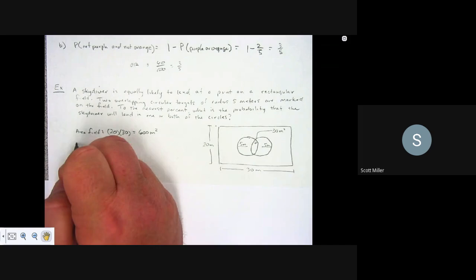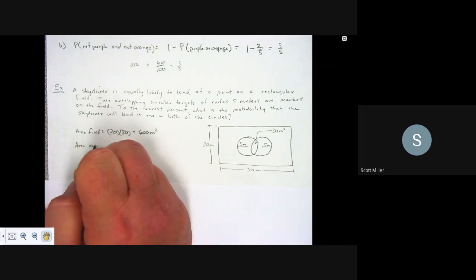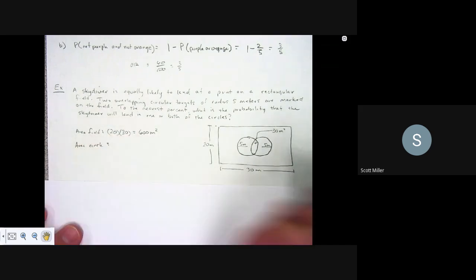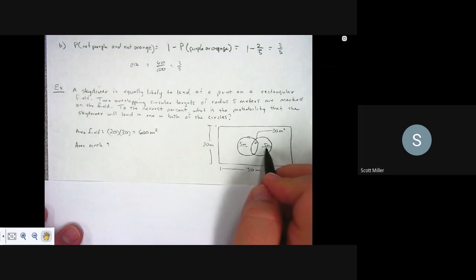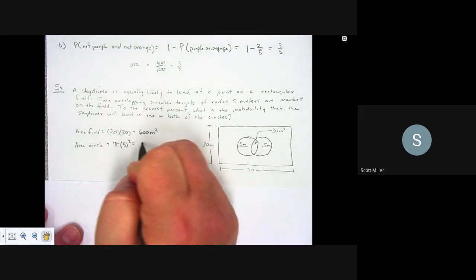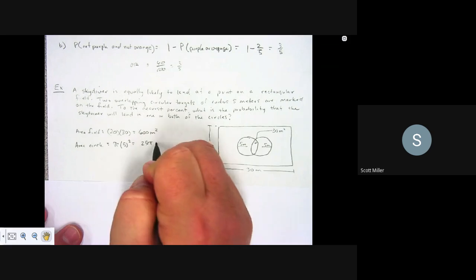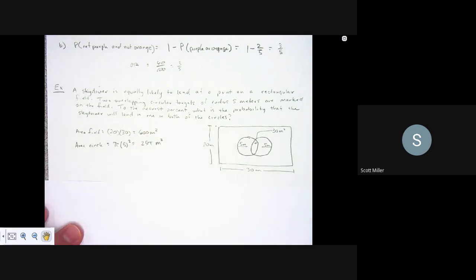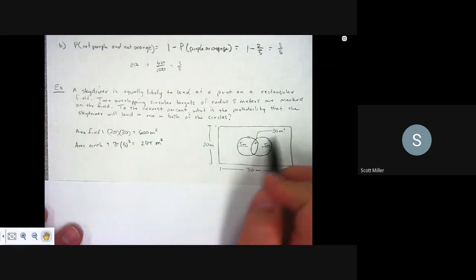What is the area of a circle? The area of a circle is pi r squared, and r is 5. So this would be pi times 5 squared, or 25 pi square meters. I have 2 of those. And then the overlap, they've already told you, would be 30 square meters.